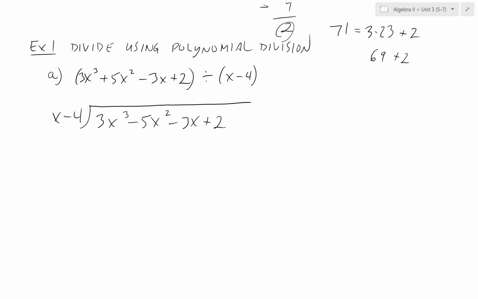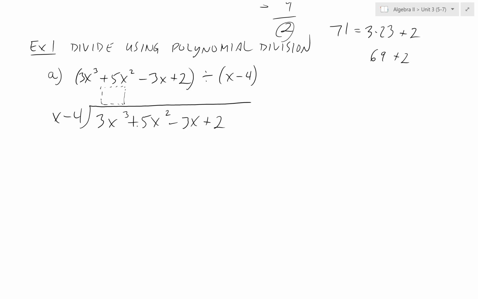Raise your hand if you've done these before. All right. So we're going to put something here. Did I miscopy something? Oh yeah, plus 5x squared, is that what you mean? Yeah. Thank you for catching that.